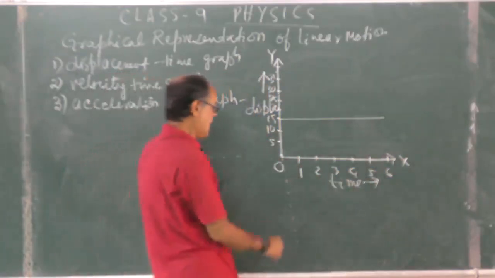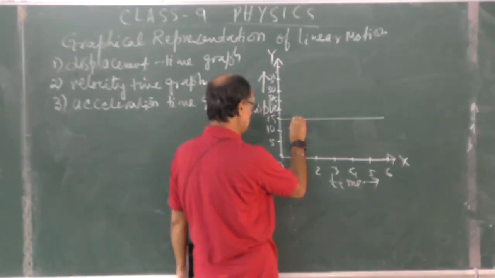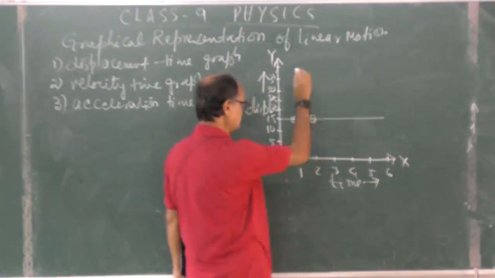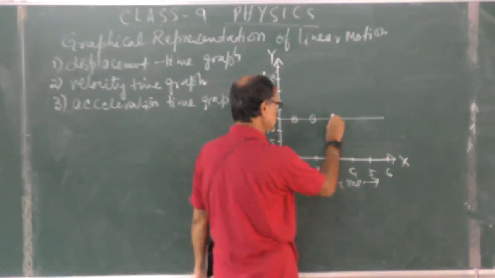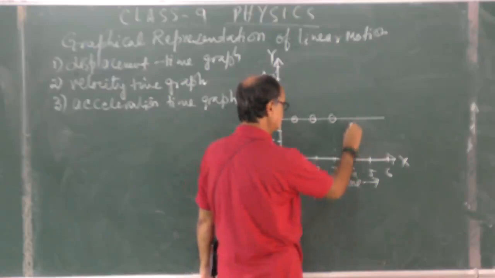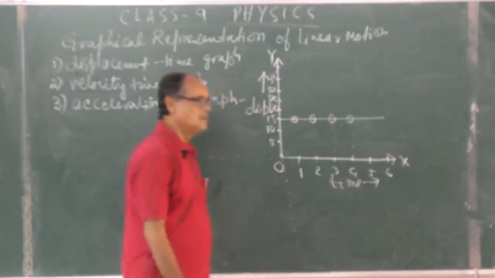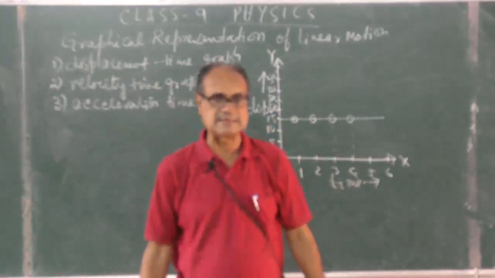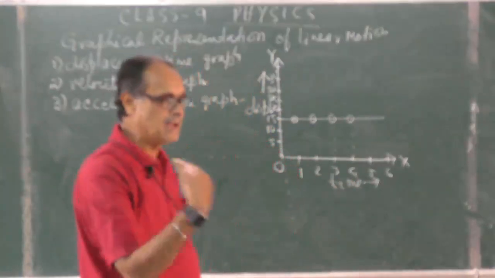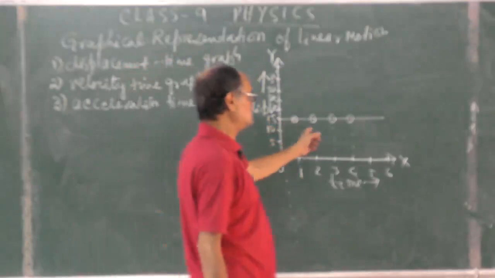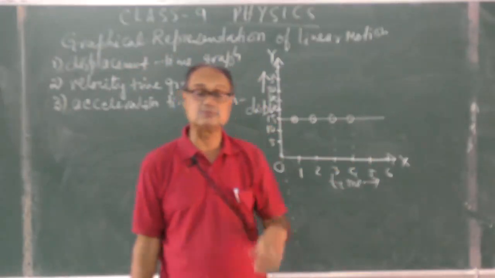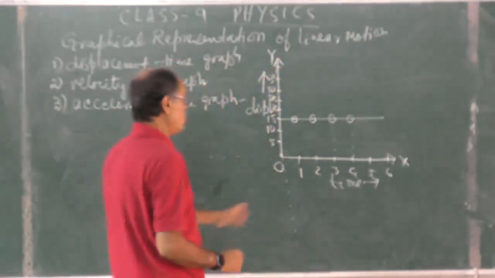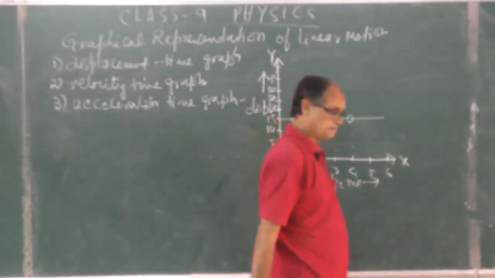That means at 1 second, at 2 seconds, at 3 seconds the displacement value is 15 meter, at 4 seconds 15 meter. The displacement remains the same as time passes by, so the body is not moving from the distance recorded at 0 time. That means the body is motionless.